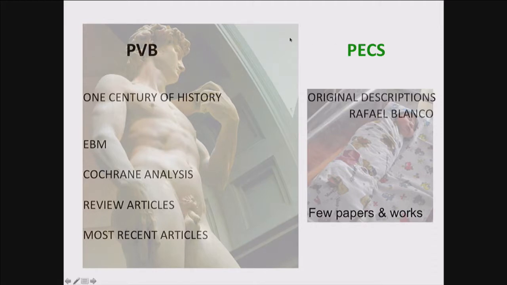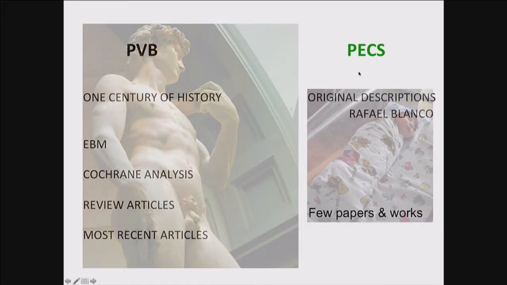Should you compare these two techniques, paravertebral block has a lot of advantages, as it was already described more than 1 century ago. It benefits from evidence-based Cochrane review analysis, and many recent, very strong papers have been published these last years.